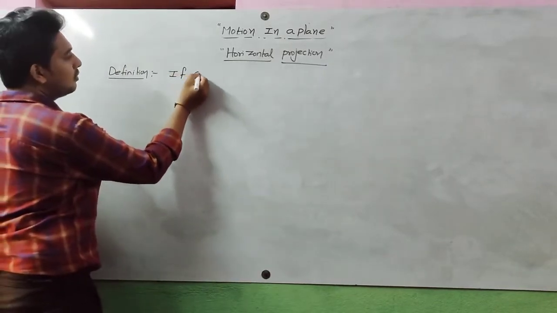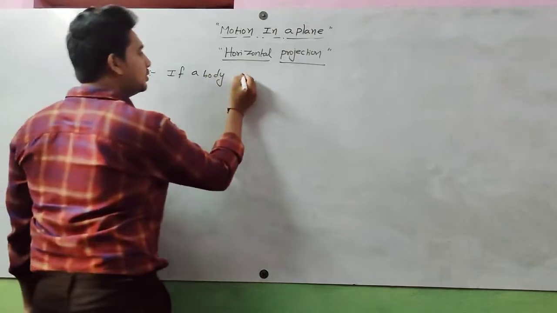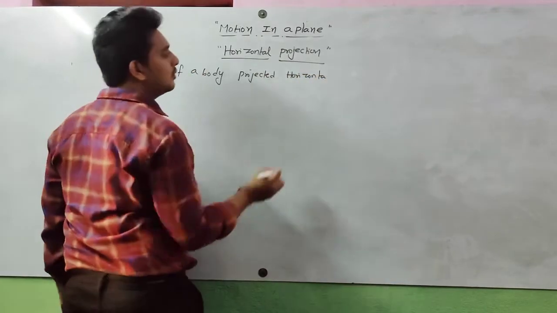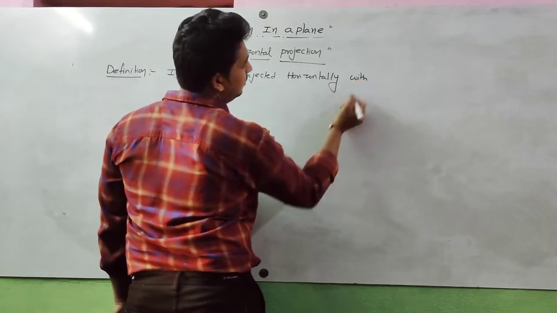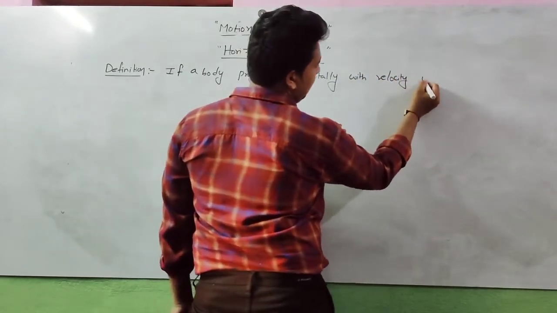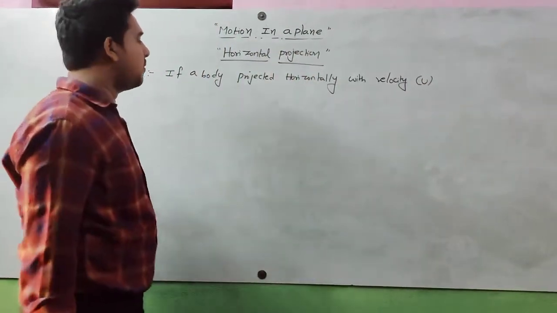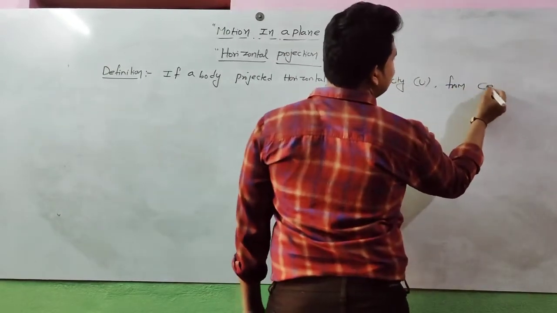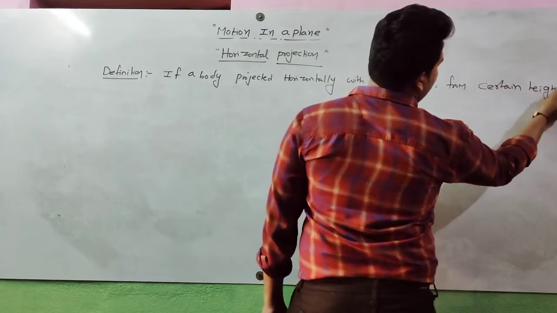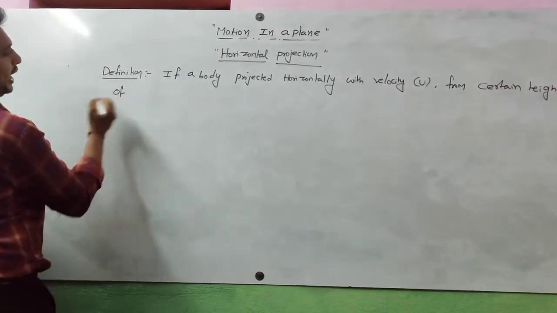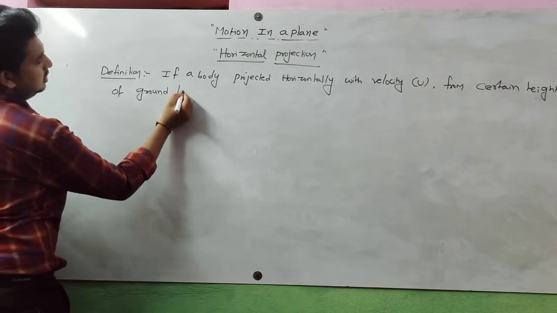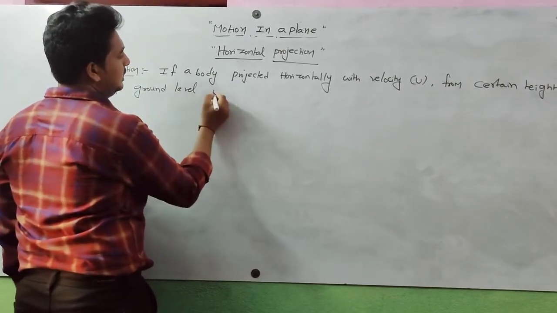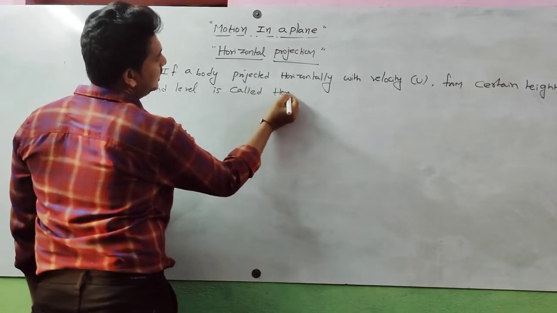If a body is projected horizontally with velocity u from a certain height of ground level, it is called horizontal projection.